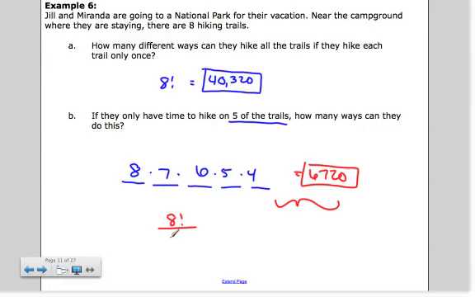That would be 3 times 2 times 1, right? So that looks like 8 factorial over 8 minus 5 factorial. And 5 is actually the number of pieces that we're choosing here.